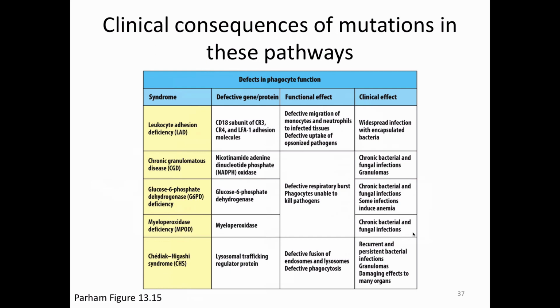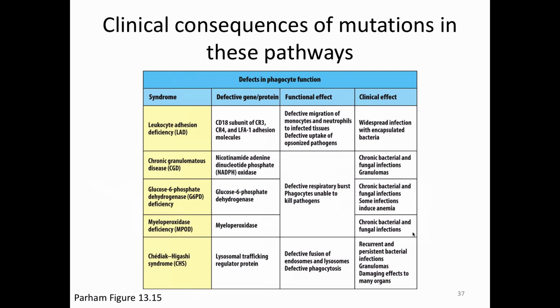There are lots of clinical consequences of mutations in these pathways. One really famous one is called chronic granulomatous disease, or CGD. These patients don't have the oxidases, so they can phagocytose lots of microbes, but they can't make the reactive oxygen species to kill them. And so you can actually look at their neutrophils under a microscope and see them full of microbes.